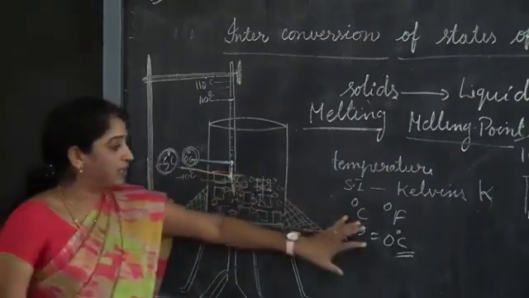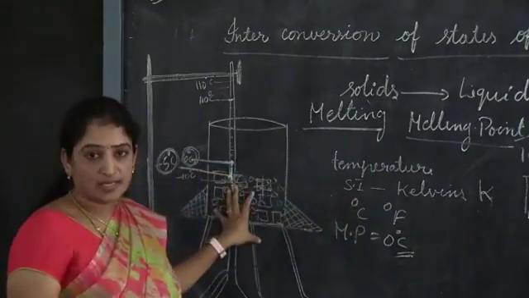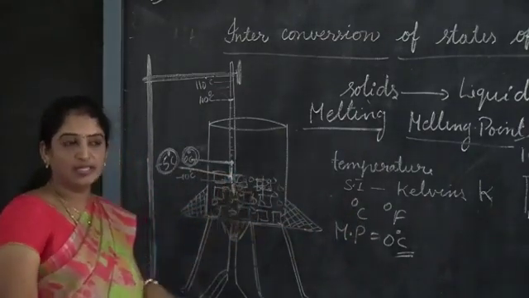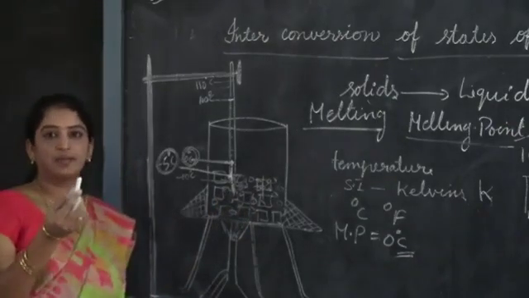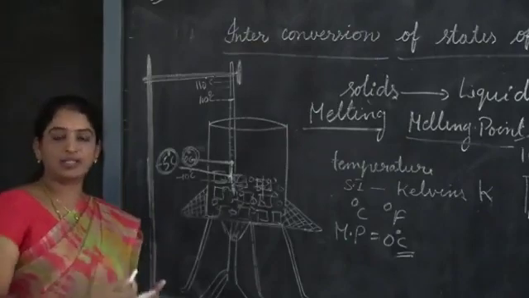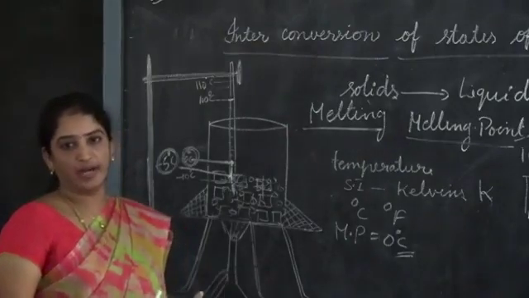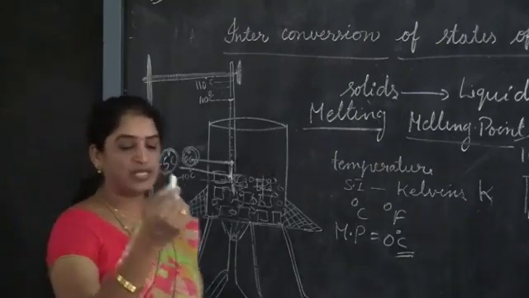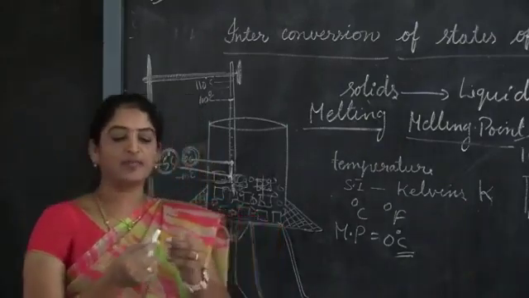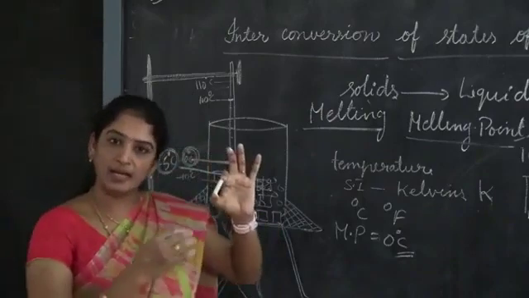Is the melting point of all substances the same? No, it is definitely not the same. Why? Because the force of attraction between the particles is not the same in all types of matter. As we discussed earlier, we can easily break down a piece of chalk because the force of attraction between the particles is less.